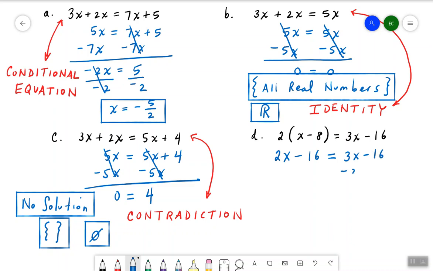When we subtract the 3x from both sides, then that's working okay. 3x's cancel. We're just left with 2x minus 3x is minus x. And then if we want to get the minus 16 to the other side, we would add 16 to both sides as well. And notice that's going to cancel on the left and also on the right.